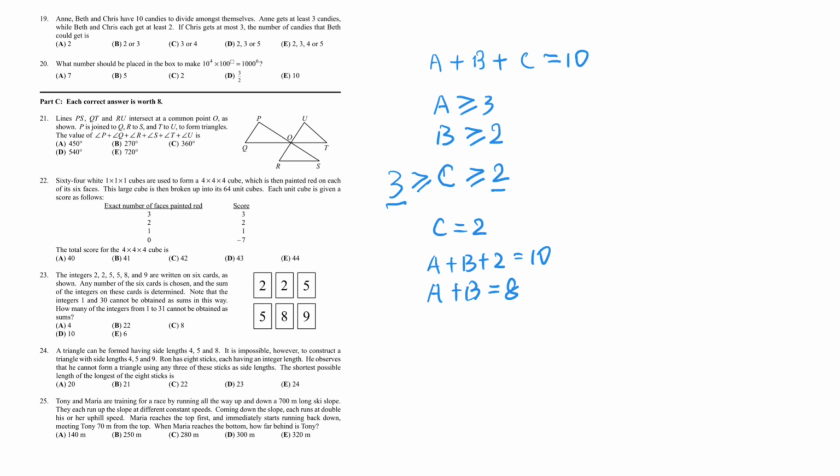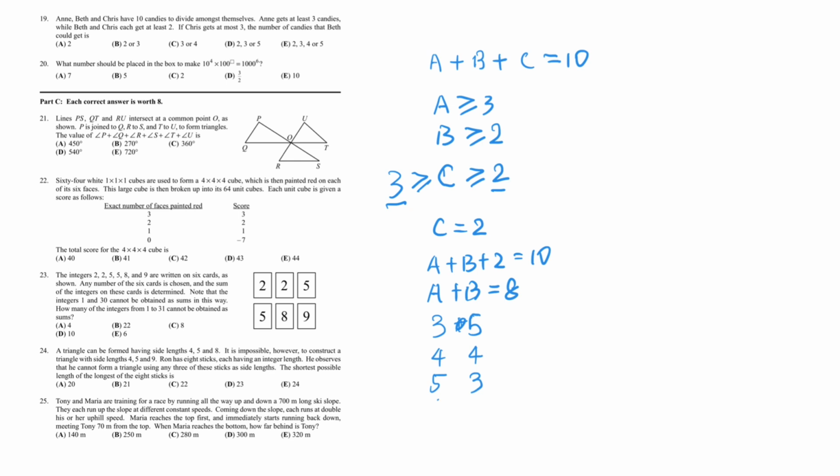A is greater than or equal to 3. If A is 3, B will be 5. And A is 4, B is 4. A is 5, B is 3.